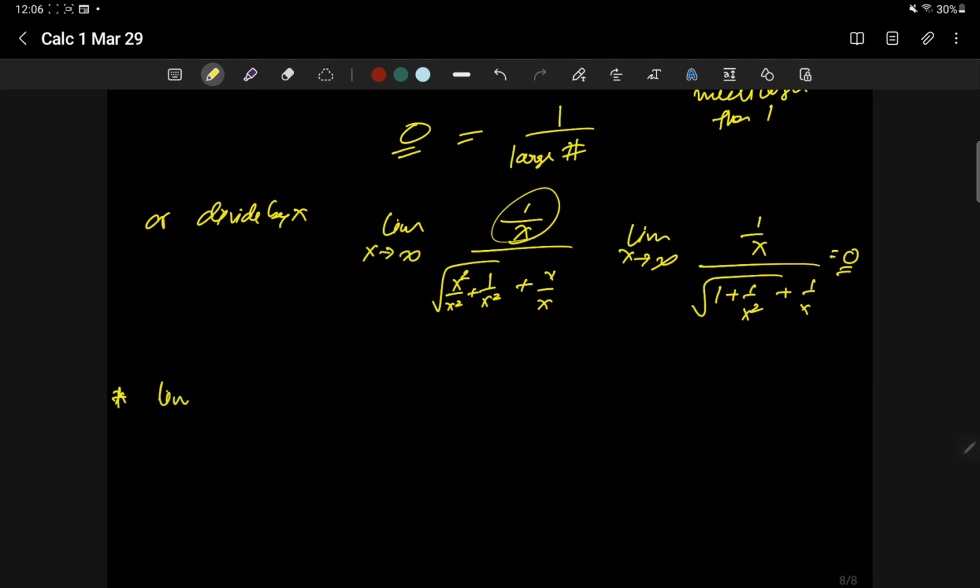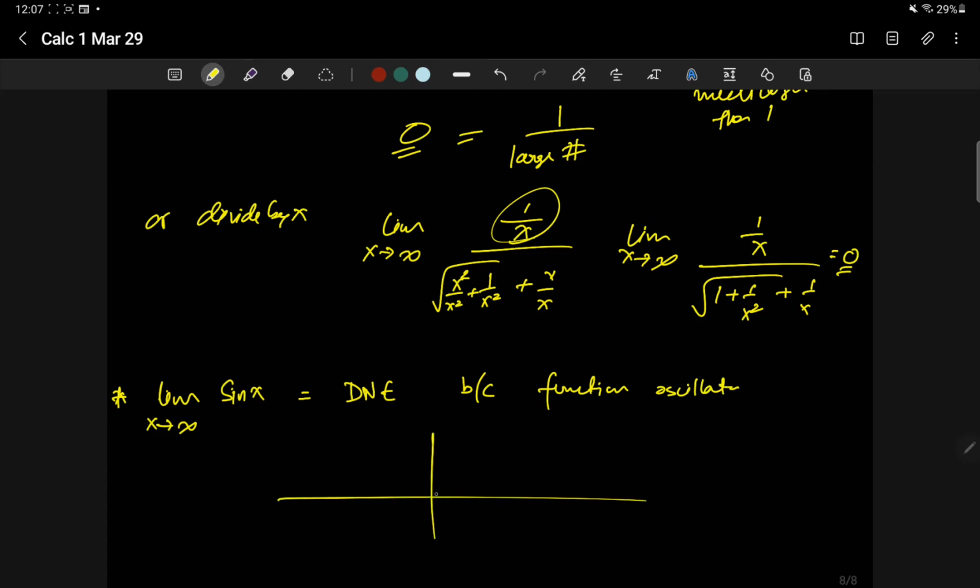Another example is the limit as x goes to infinity of sine x. What is this? We say this does not exist because the function oscillates.